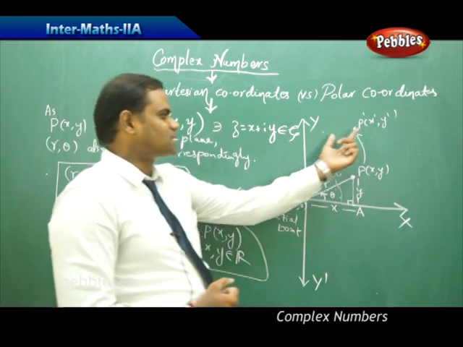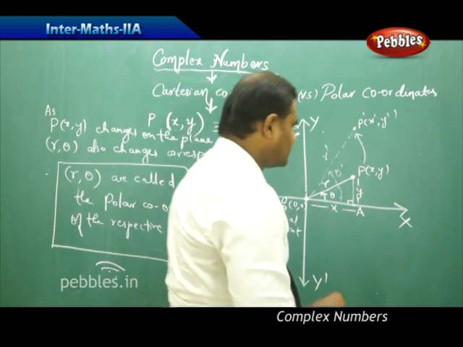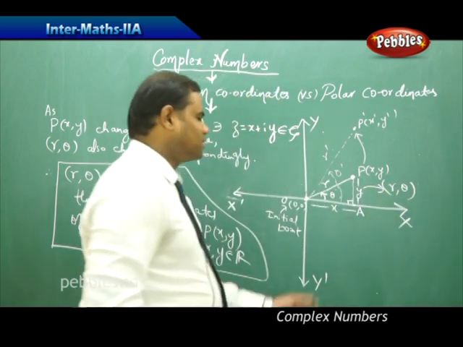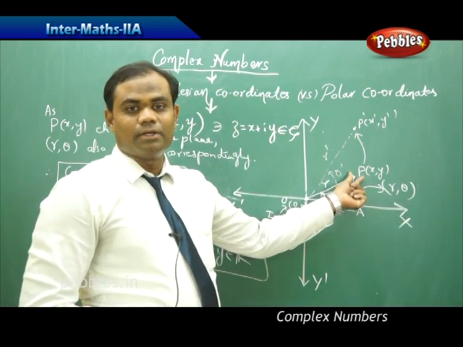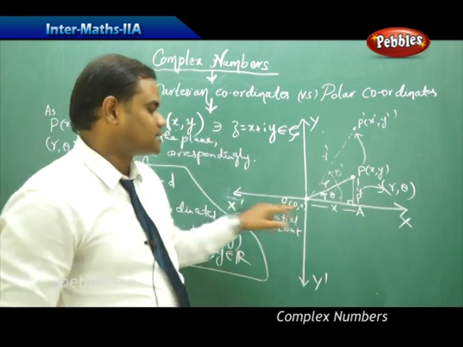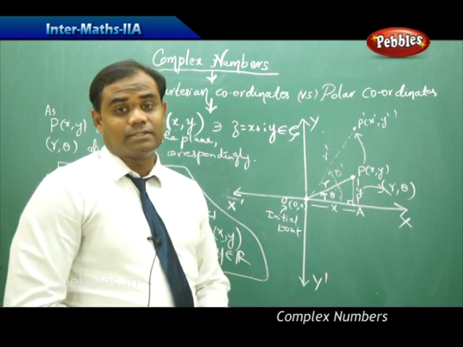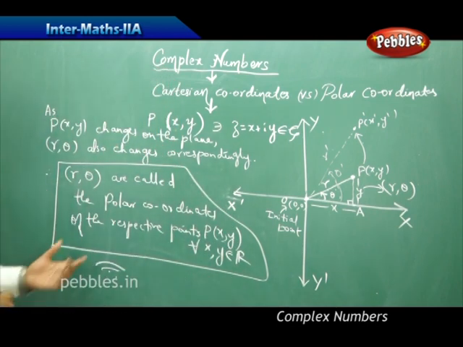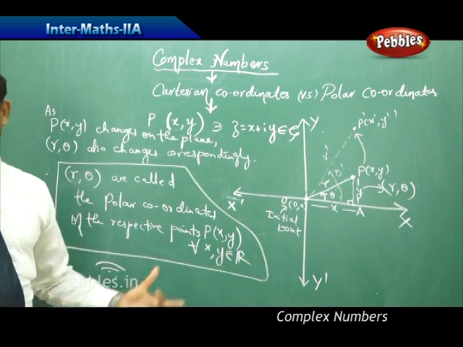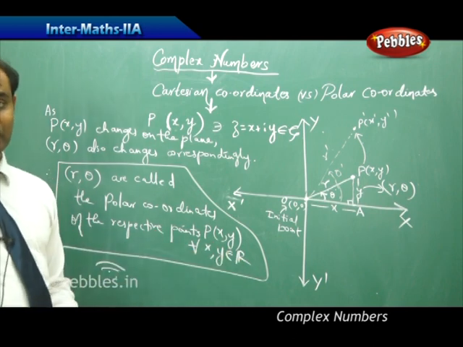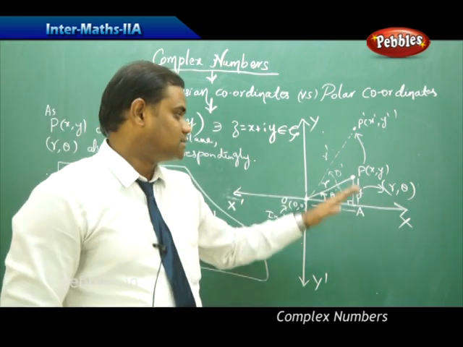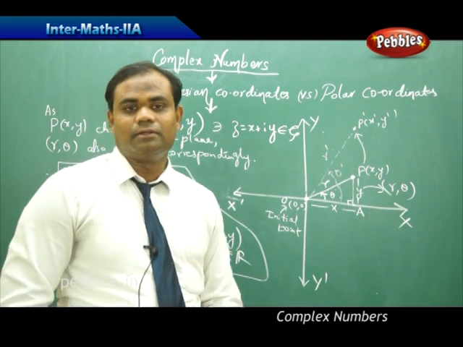If P(x, y) are the Cartesian coordinates, then its polar coordinates are given by r, theta, r being the distance from the origin to P and theta being the angle made by the line with the initial line x, x dash in the anti-clockwise direction.